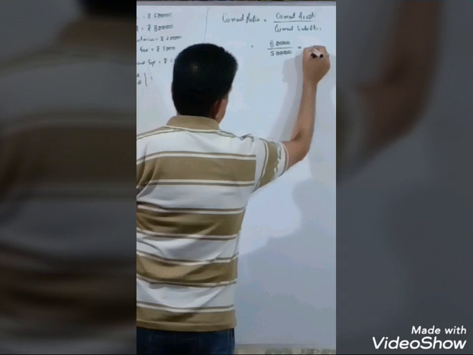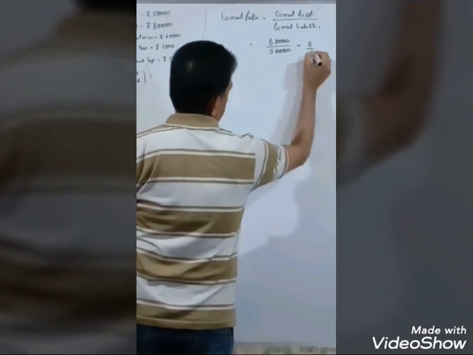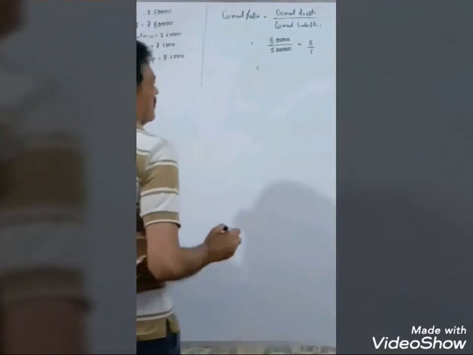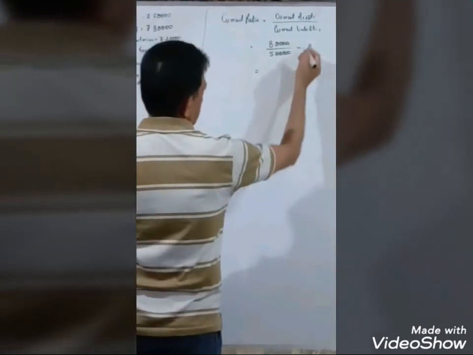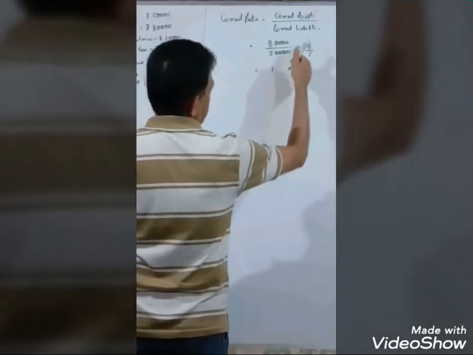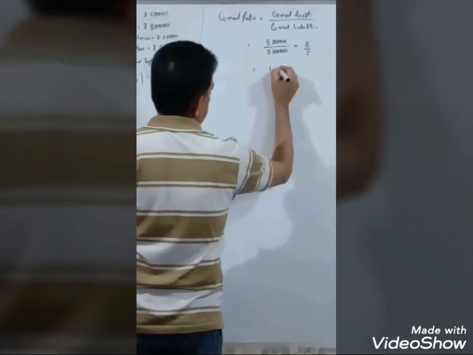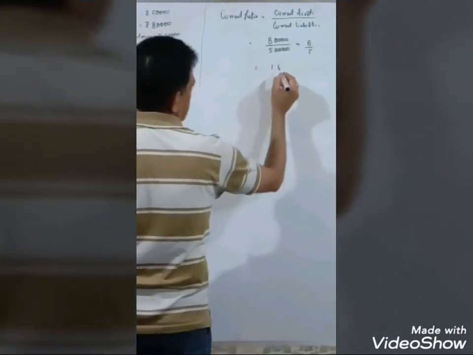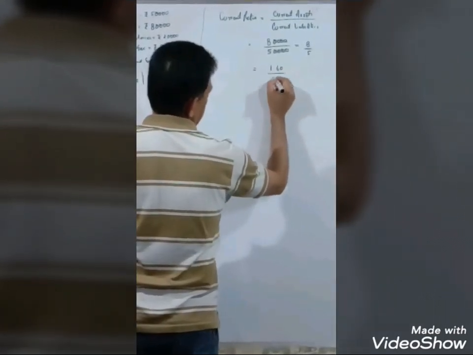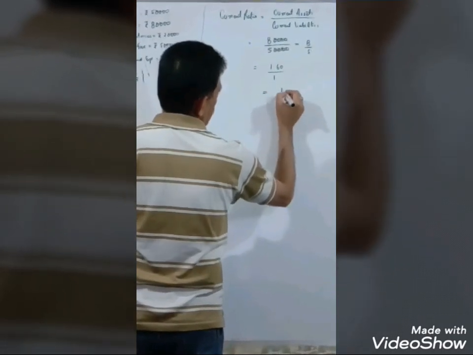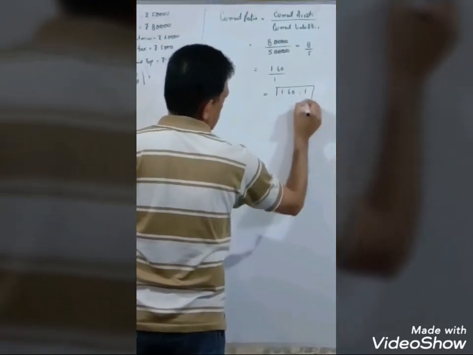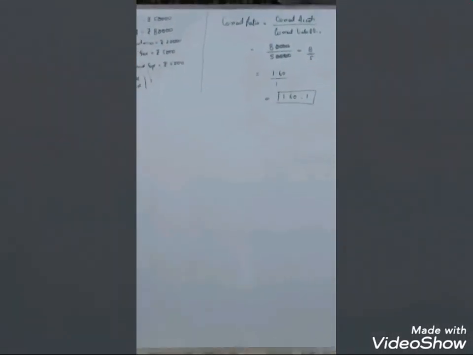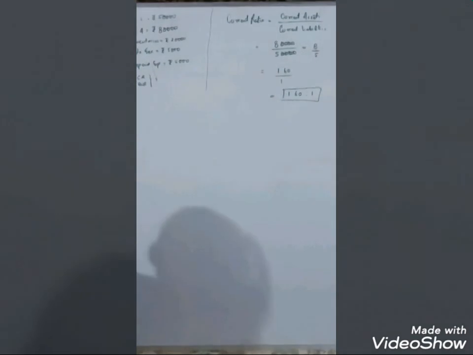After the calculations, this is 8 divided by 5. Now 8 divided by 5 is 1.6. So the ratio is 1.60 to 1. This is your current ratio that we had calculated on the basis of the information given.